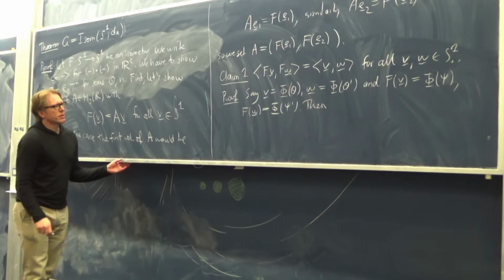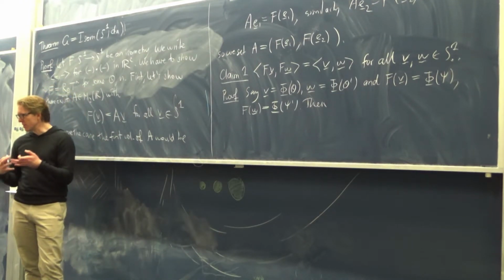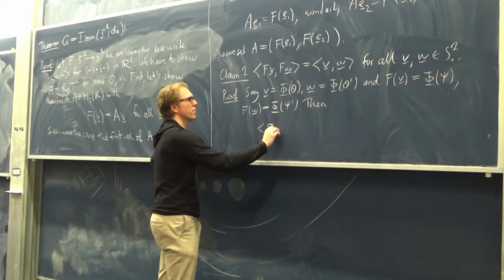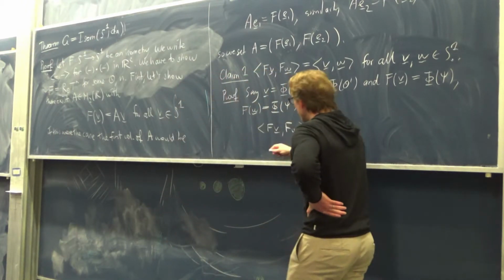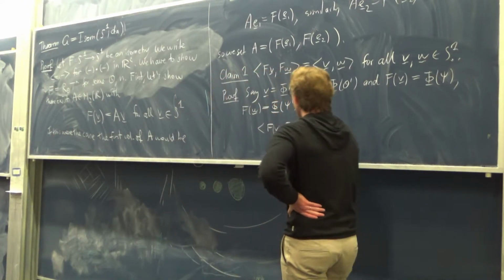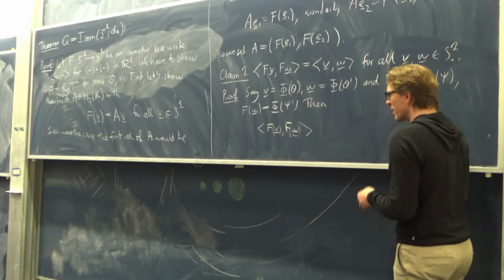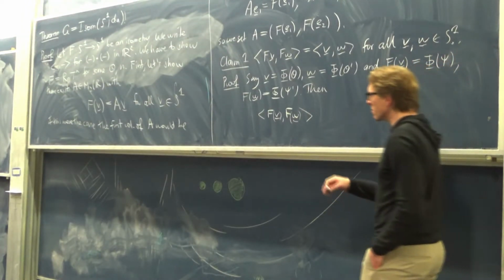Okay, so let's calculate. The point is that the dot product can be derived from the angle, and the angle is preserved by F. So what's the dot product of Fv and Fw? I really mean F of V, F is a function, it's not a matrix. If I forget to write the brackets, it's just notation. Sometimes you drop the brackets when you're evaluating a function.